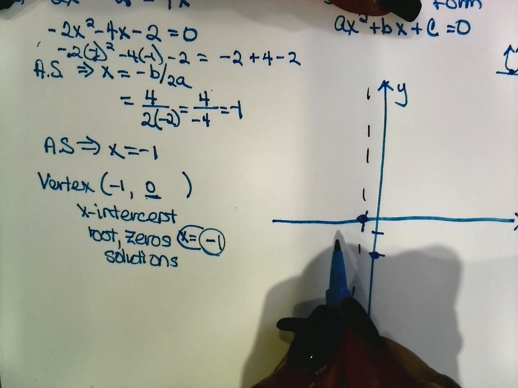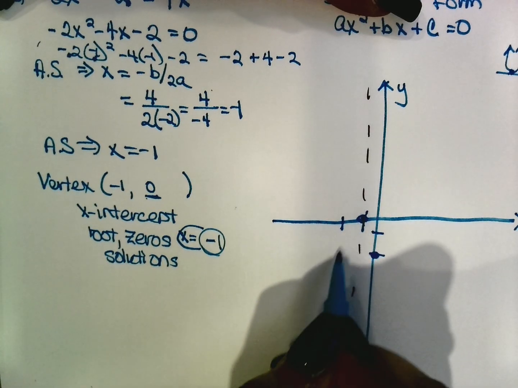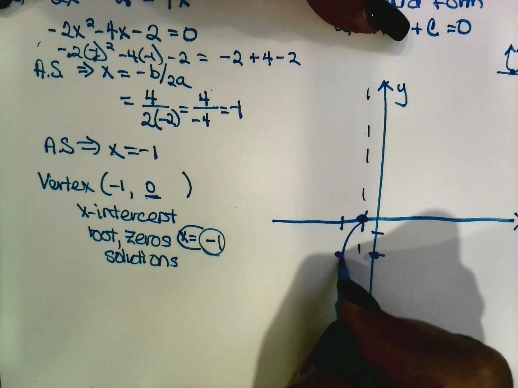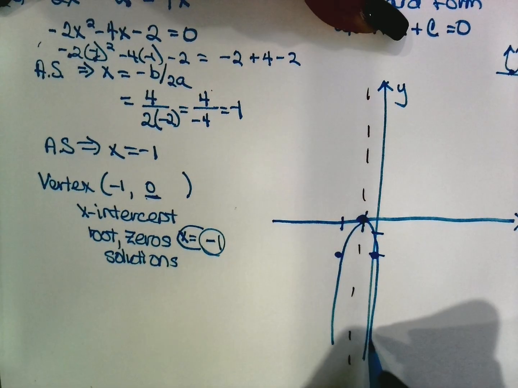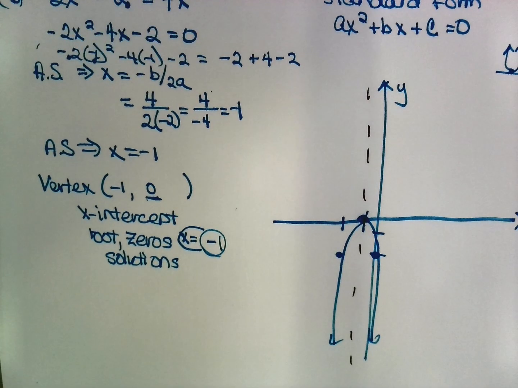And because of the symmetry, that means that at negative 2, we also have a point at negative 2. So negative 2, negative 2, and you can go ahead and draw your equation, or your function there.